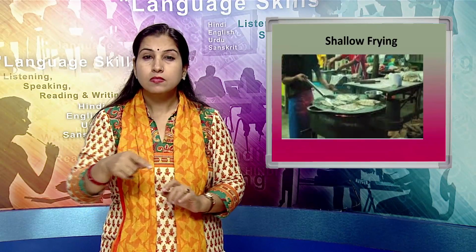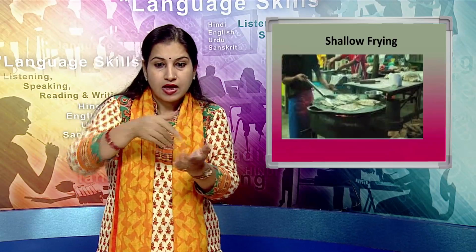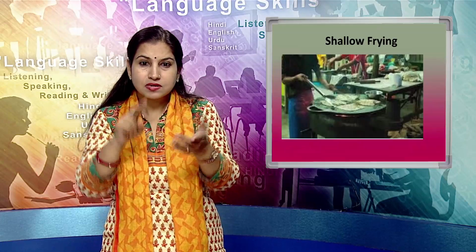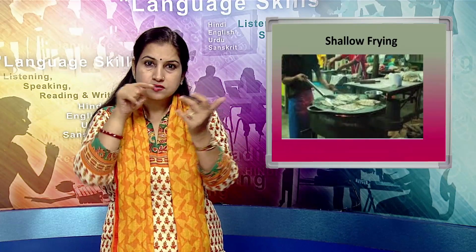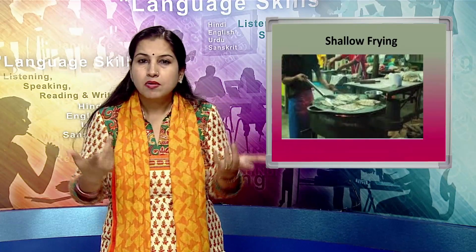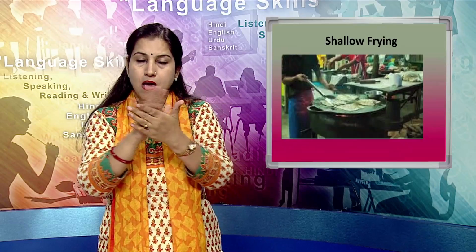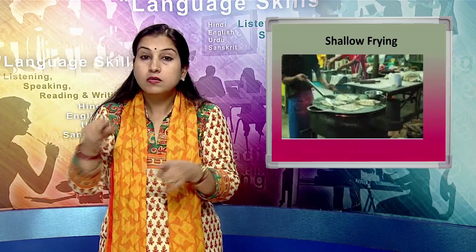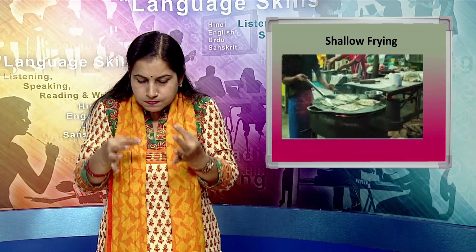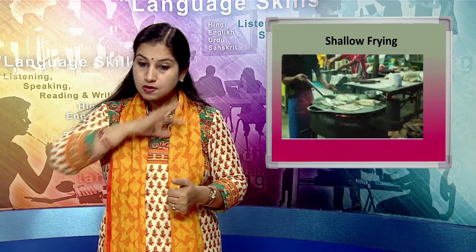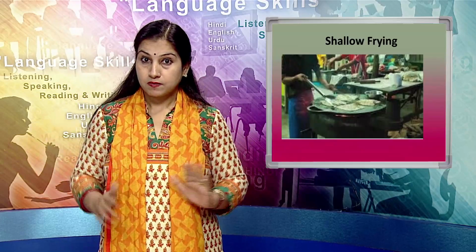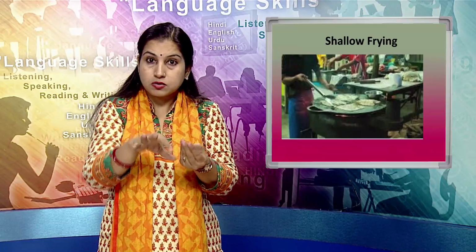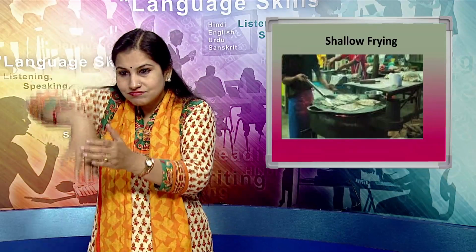It is usually done in frying pans or tawa, including non-stick. Examples are paratha, tikki, dosa, etc. It imparts crispness, color and flavor. Shallow frying is preferred over deep frying to reduce the calorie content of the food.